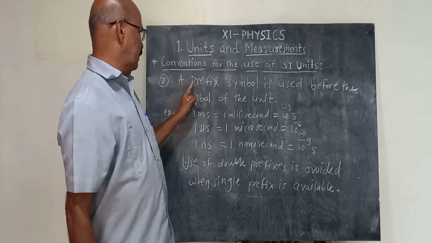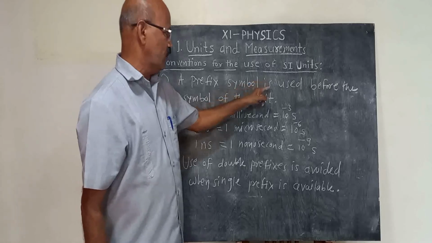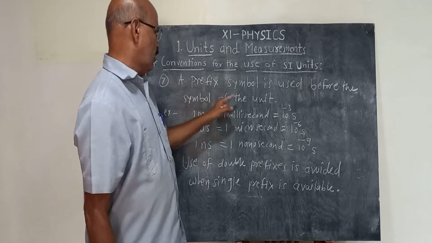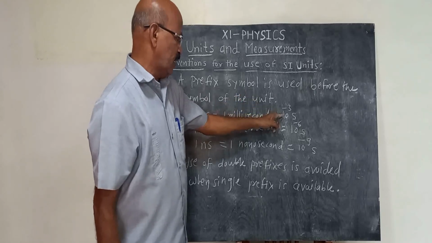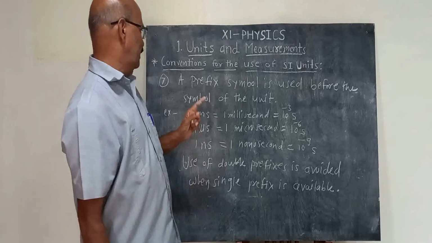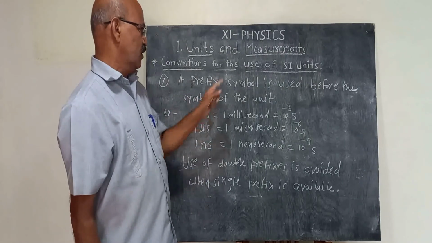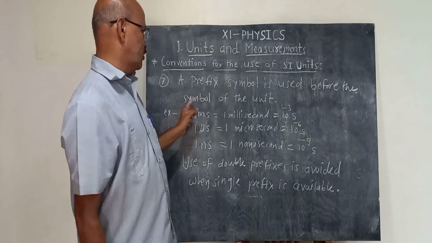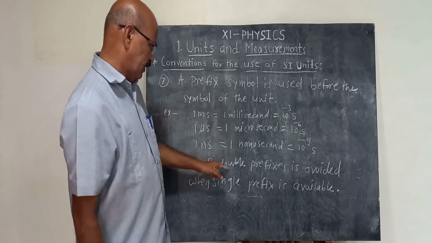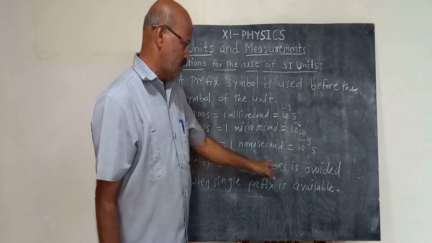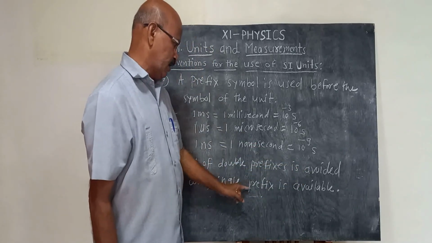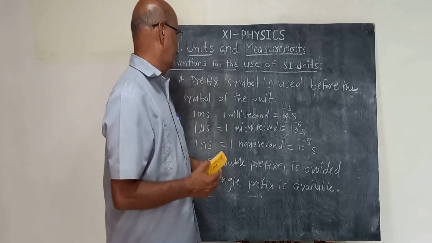So 10 raised to minus 3, minus 6 and minus 9 are prefixes used before the symbol of the unit. The use of double prefixes is avoided when a single prefix is available.